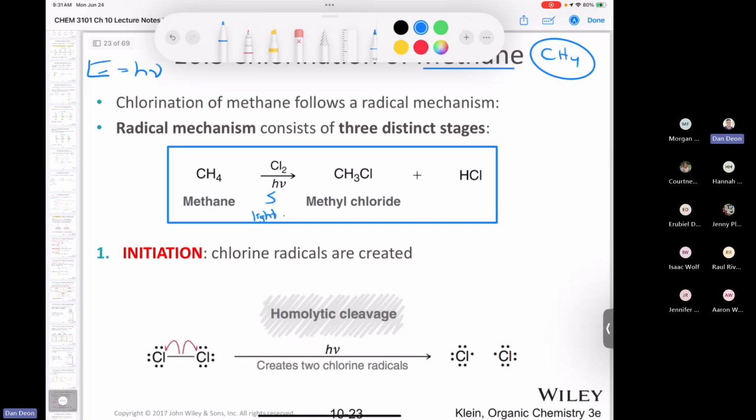So what's our initiation? Well, you can see that if you just mix up some chlorine gas and some methane, you have no radical. So what do you have to do? You have to form a radical. So it turns out that the reason you use light, usually an ultraviolet light, it doesn't have to be, but UV light, you shine it on the reaction mixture. And if you're wondering, are you telling me that you have your reaction mixture in a flask, Mr. Dion, and then you just shine a light on it?